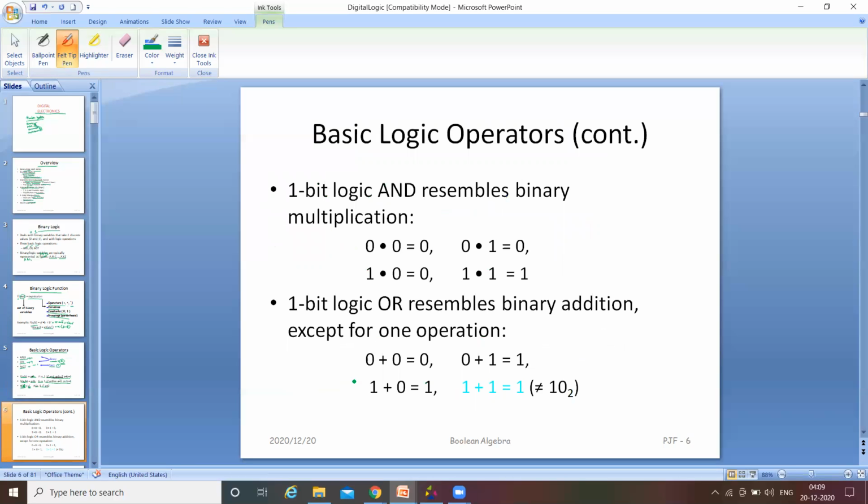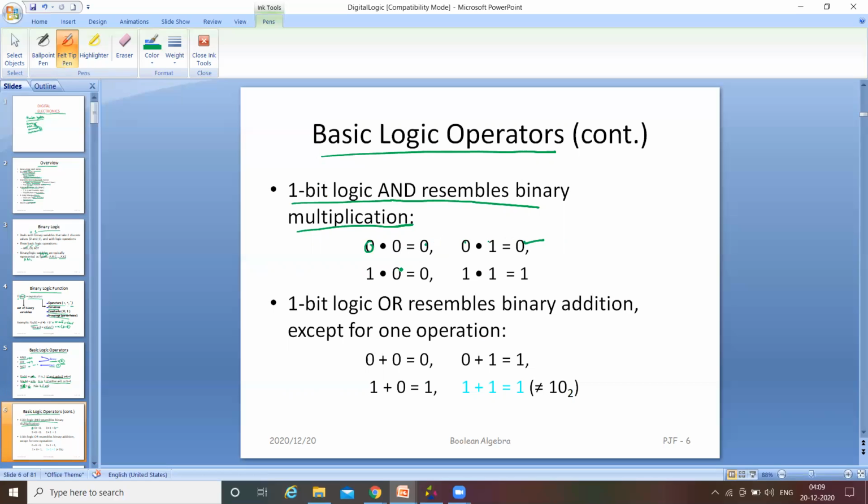Next one is basic logic operations, logic operators. One bit logic AND resembles binary multiplication, same as binary multiplication. 0 and 0 is 0.